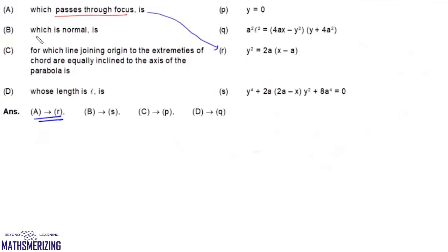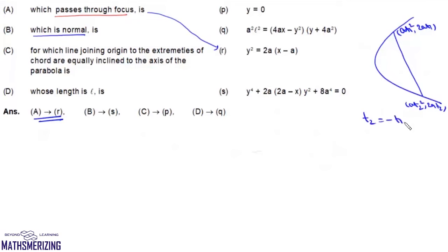Now the second question is, we need to find the locus of the midpoint of a normal chord. So we have this parabola and then we have this normal chord, with endpoints (at1 squared, 2at1) and (at2 squared, 2at2). For a normal chord, we know that t2 is minus t1 minus 2 upon t1. We need to find the locus of the midpoint. Say it is (alpha, beta).